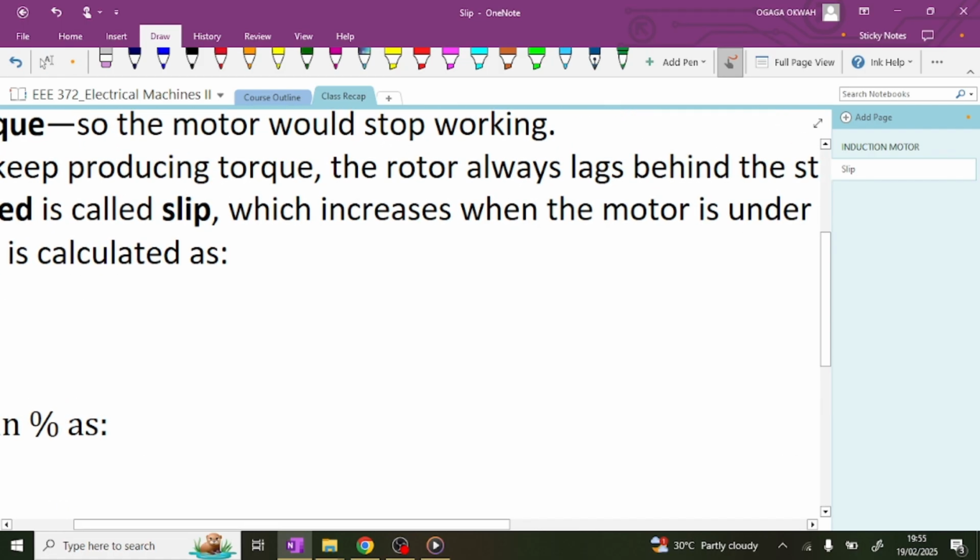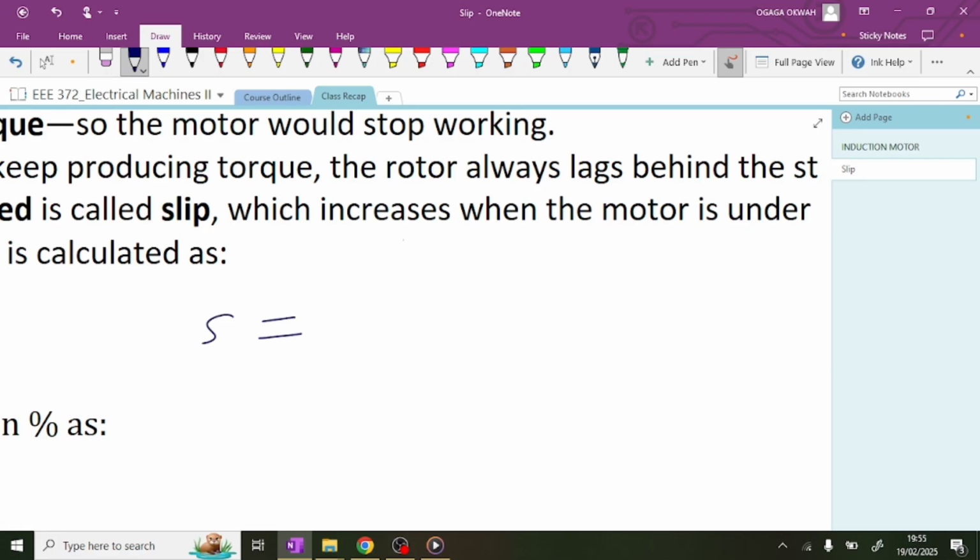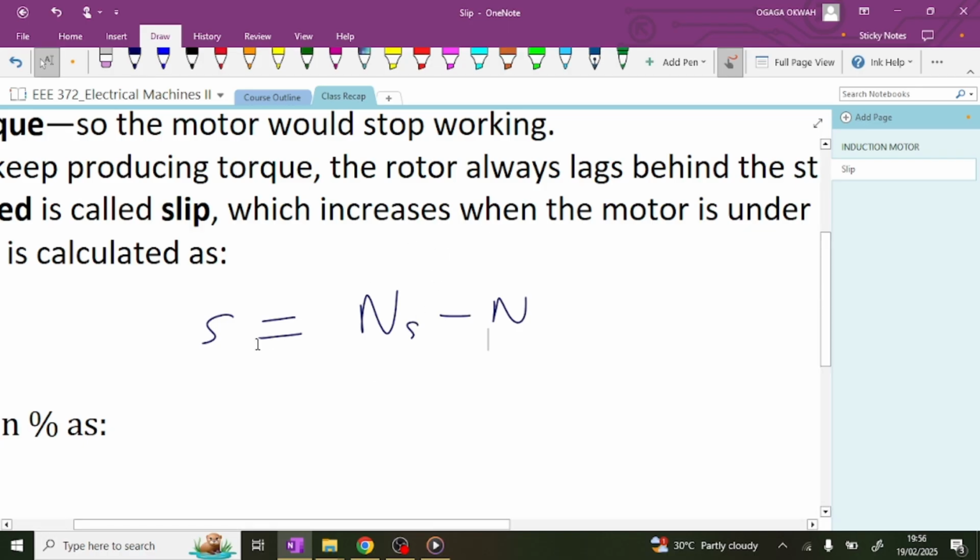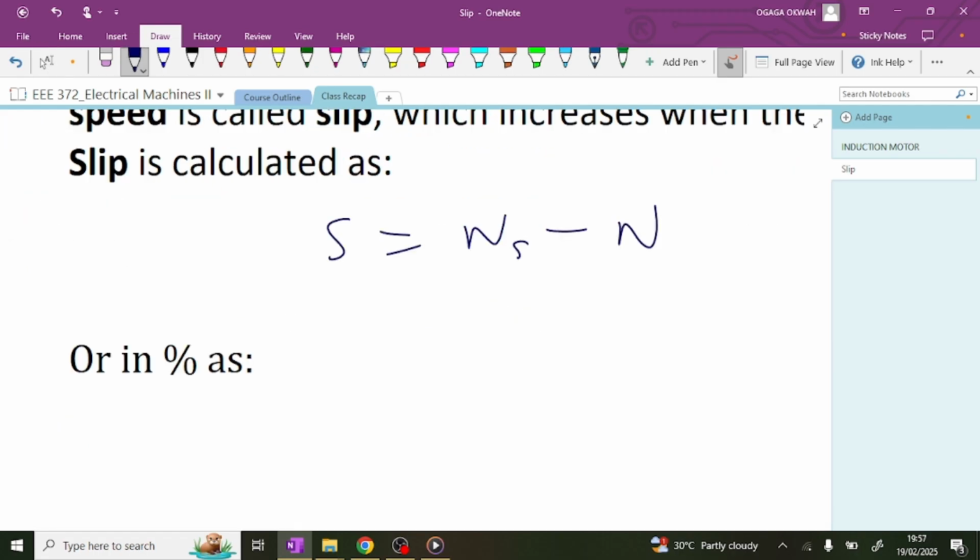So for slip S, we say it is this, just like what we said just now. The slip is the difference between the stator field and the rotor, the difference in speed, divided by ns.